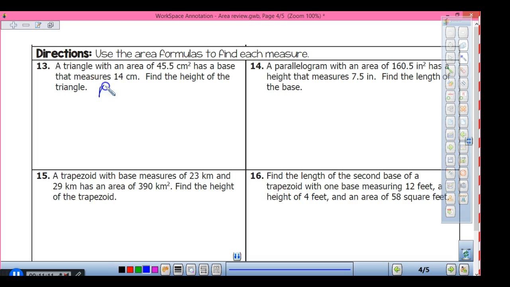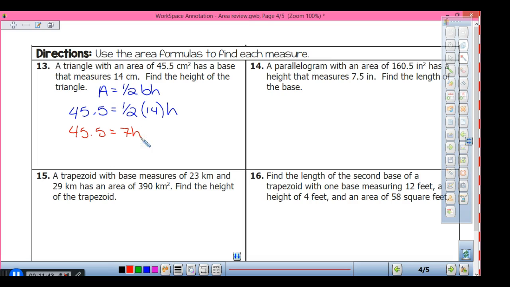Okay? In 13, it's a triangle. So remember, area equals 1/2 base times height. So what is my area? Okay, so it's 45.5 equals 1/2. What's the base? 14 times... we don't know the height, right? So now we're just going through and figuring it out. 45.5 equals 7h.